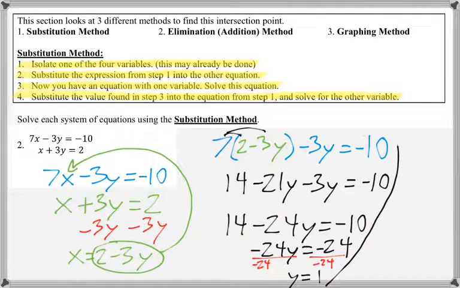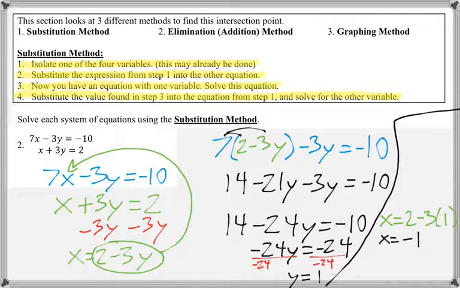And I'm kind of running out of space. So x is equal to 2 minus 3y, but I know y is equal to 1. So if I solve that, x is equal to 2 minus 3, which is negative 1.